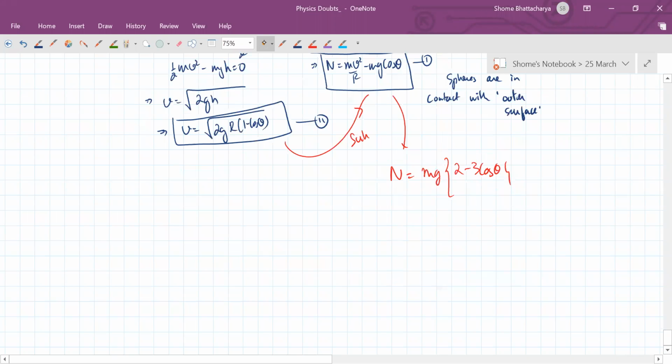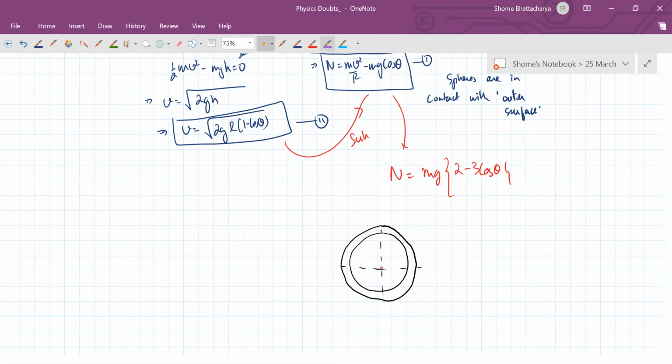Now make the FBD of the ring, or the circular tube. It is experiencing these two normal reactions here, its own weight, let's say m prime g like this, and normal reaction with the ground, say N prime.